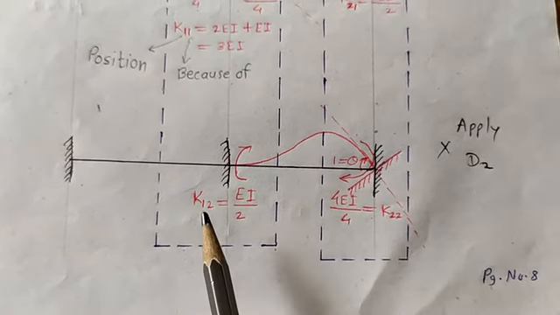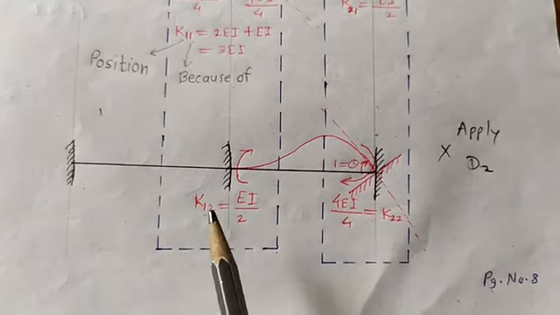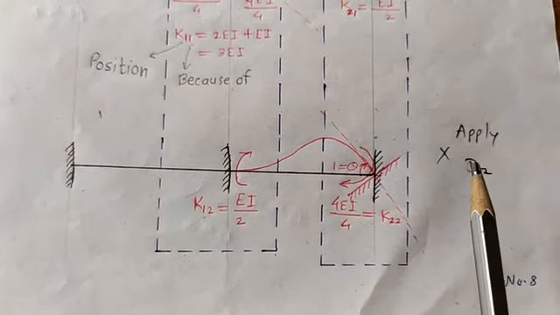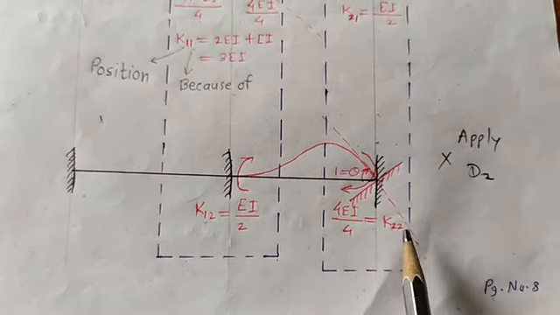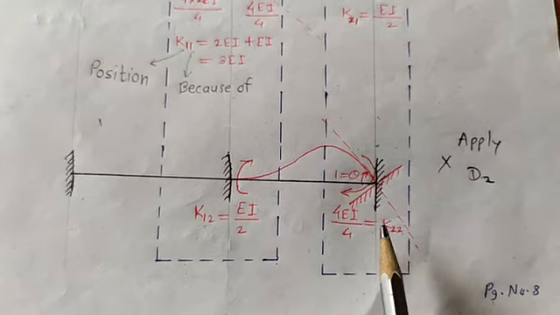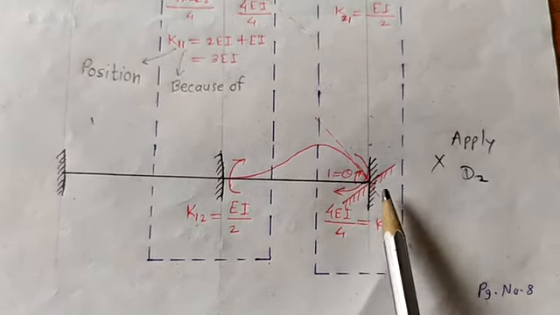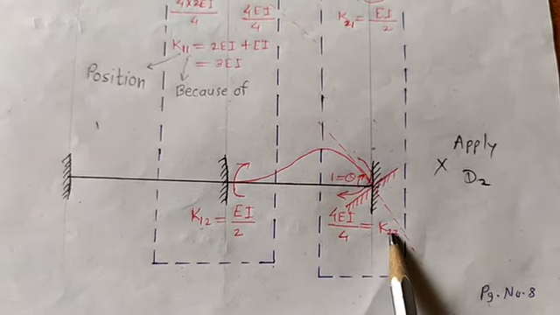That's why I wrote here 2. The second alphabet will of course be 2. This is the second position, that's why this will be 2.